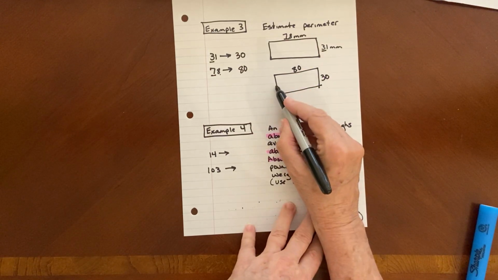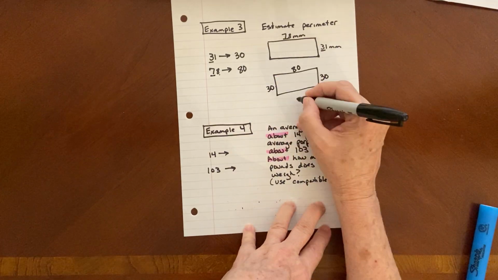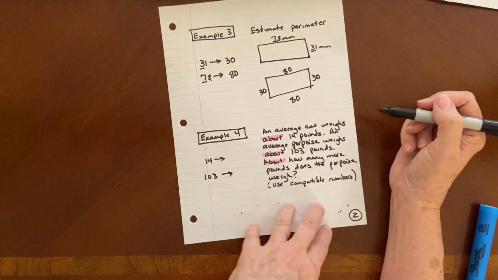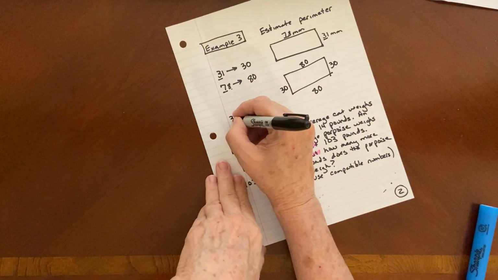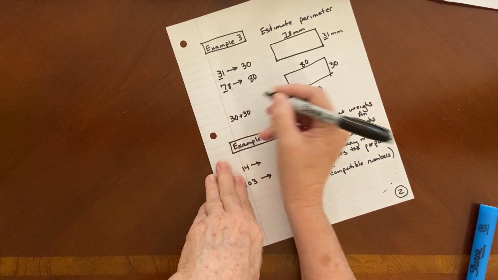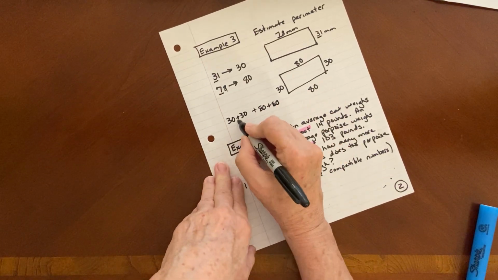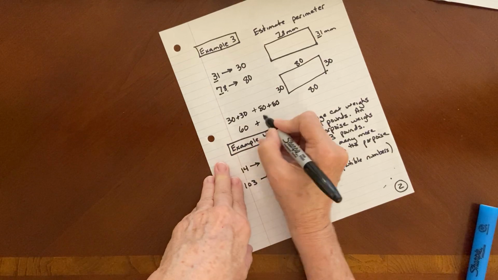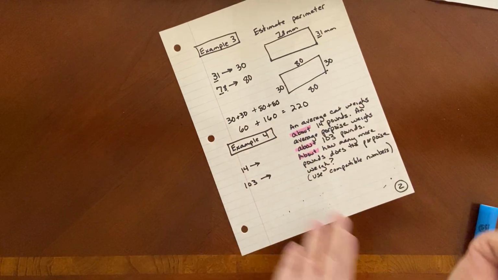But what's that side? Because remember, perimeter's all the way around like a fence. 30 and 80. So, I can do that, right? So I'm going to say 30 plus 30 plus 80 plus 80. So that would be 60 plus 160 equals 220.